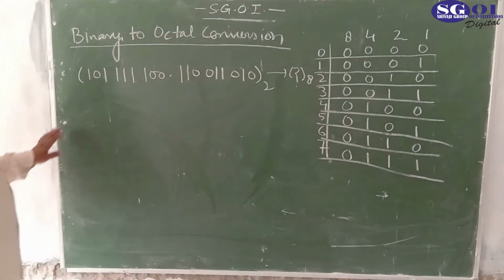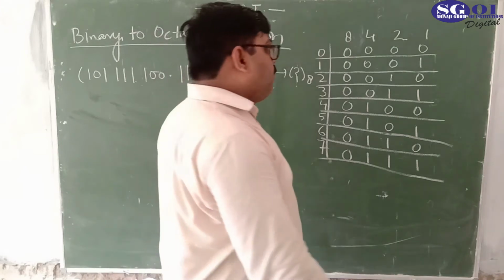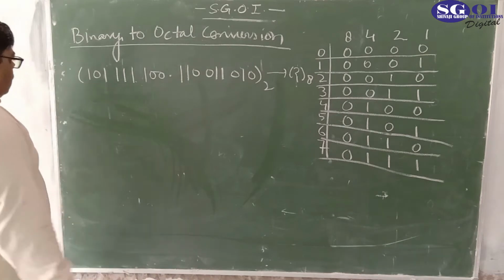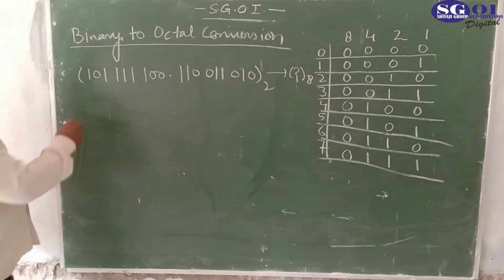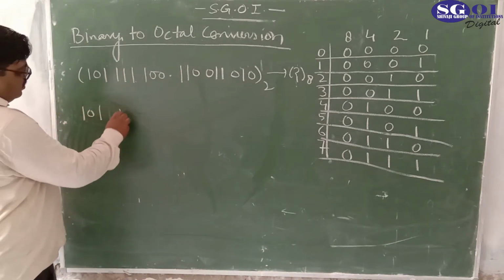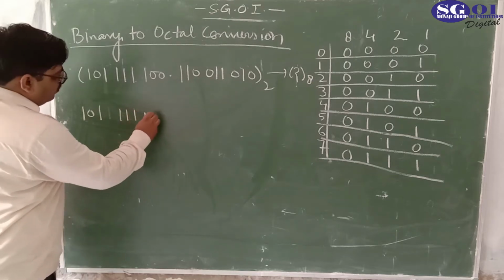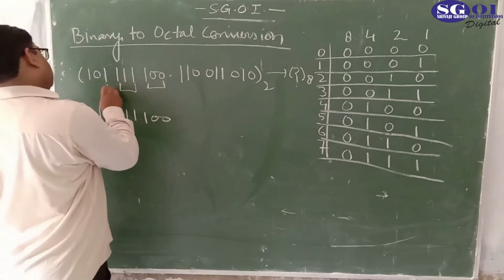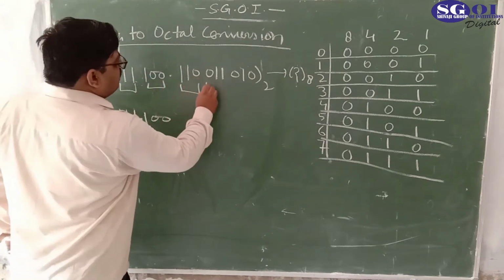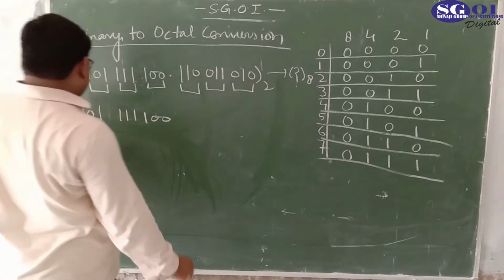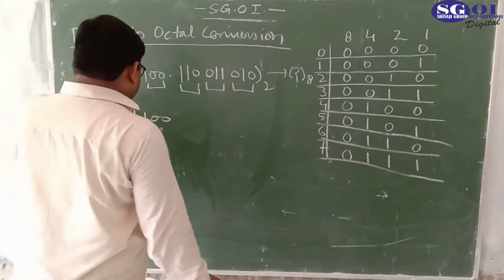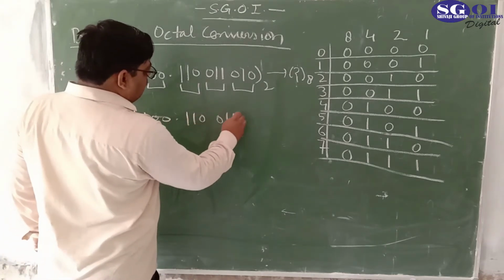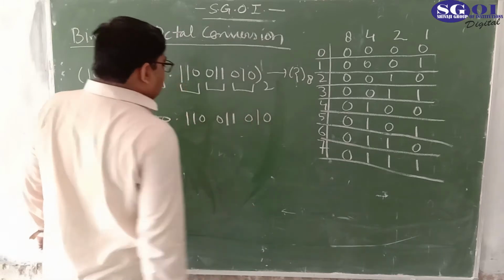Since 8 is 2 to the power 3, we make groups of 3 numbers. So first 3, second 3 and third 3.